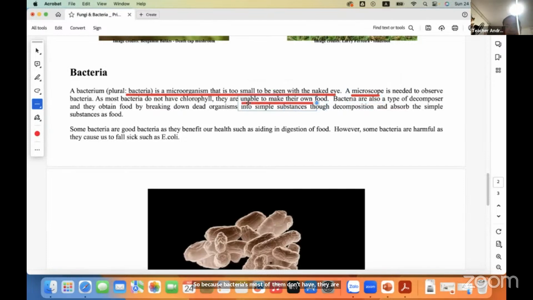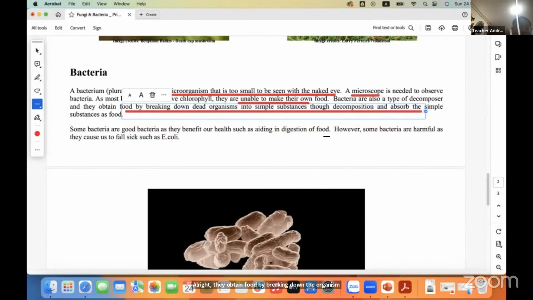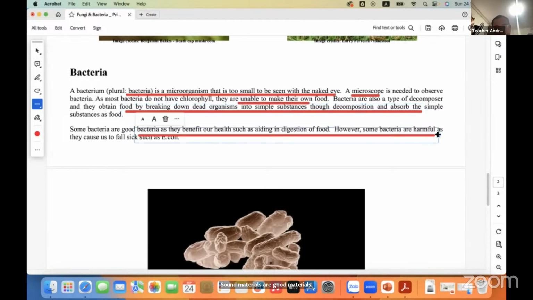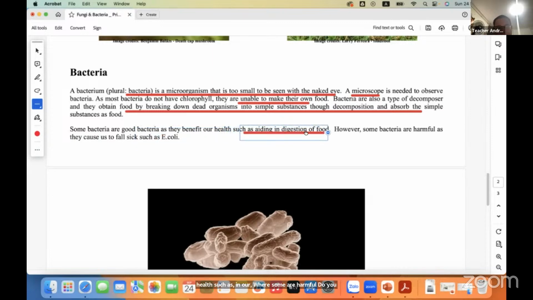Hence, they obtain food by breaking down dead organisms into simple substances and absorbing them. Some bacteria are good as they benefit our health, such as aiding in our digestion, whereas some are harmful because they cause us to fall sick.